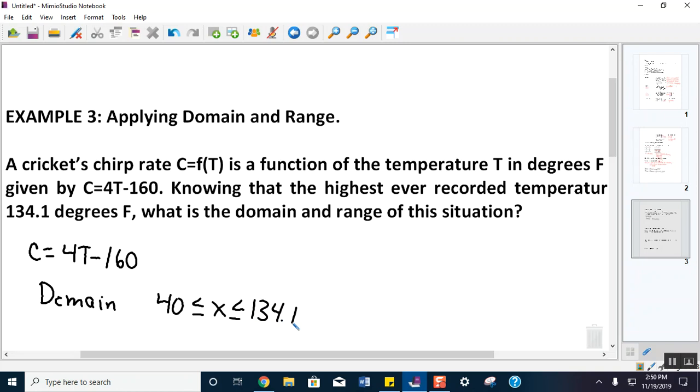Okay, and then range is simply going to be, what were our temperatures or our chirp rates? 0 up to, what was that high value again? 376.4.